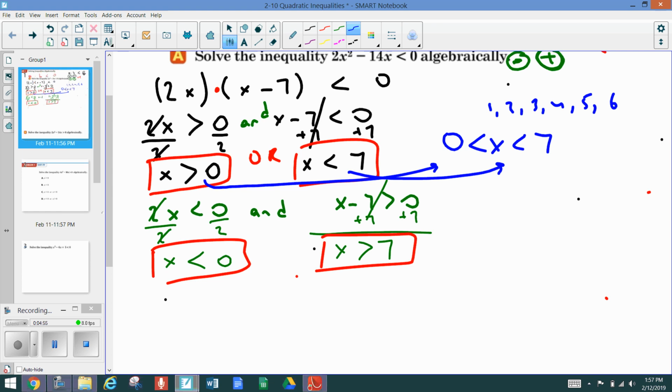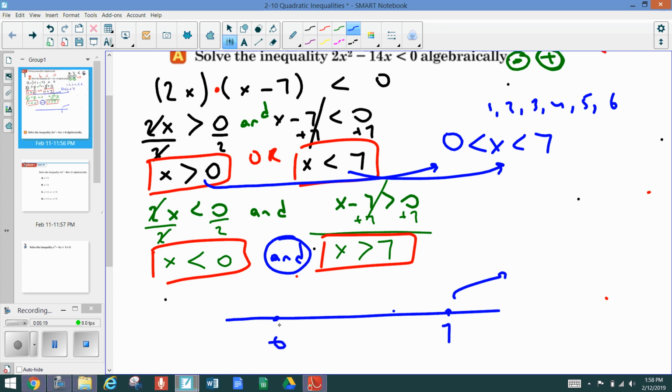And then second case, imagine a number, just one number. Both conditions must be satisfied. So a number is less than 0 and at the same time greater than 7. Is that possible? What number can satisfy it? A number is greater than 7 and at the same time that number will be less than 0.